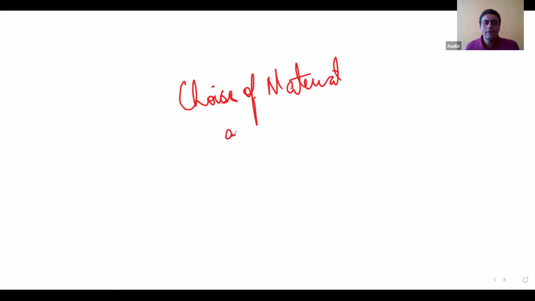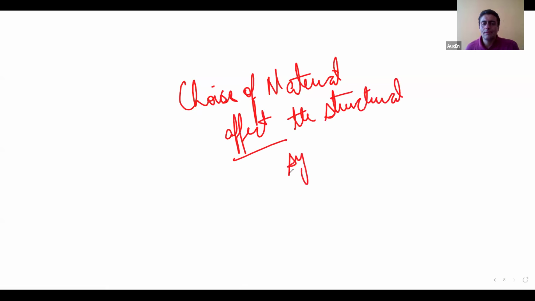Now, just to make one more point, how does the choice of material affect the system that we are going to pick? Tell me. How does the choice of material, building material, affect the choice of structural system? Yes, please. Tell me. So let's say you know all these things, but if I had, let's say, masonry units only.